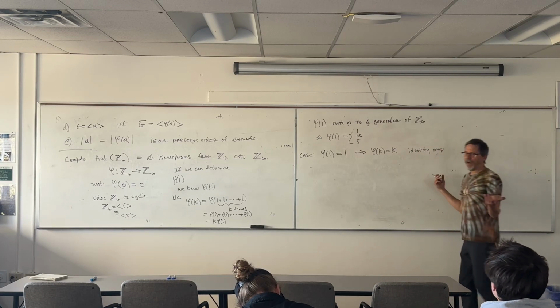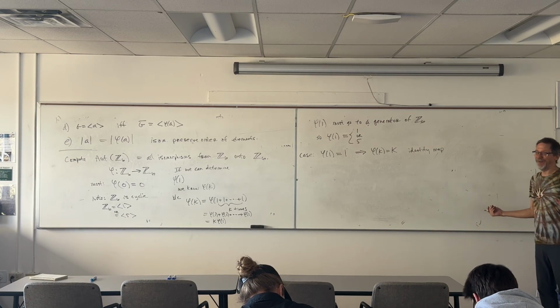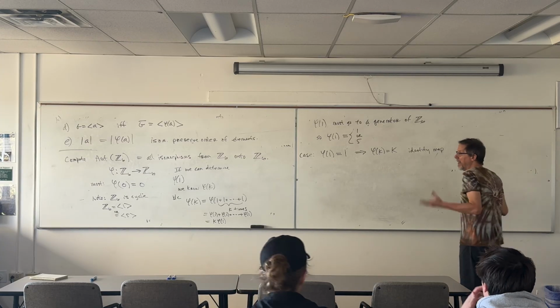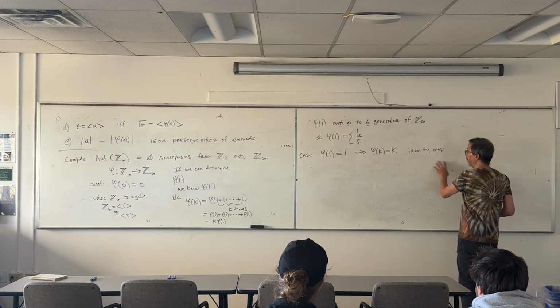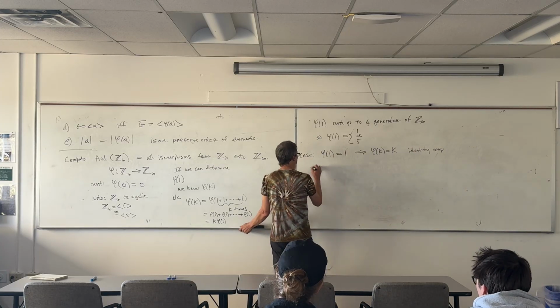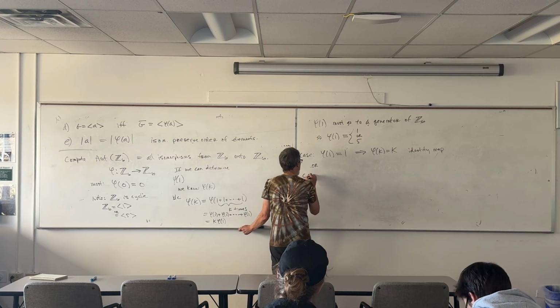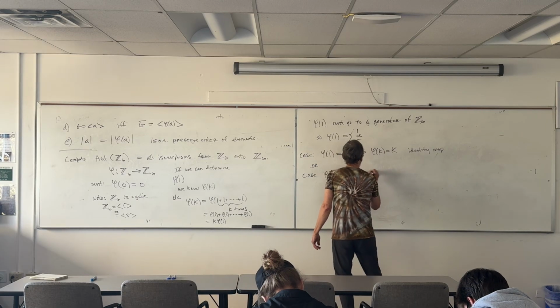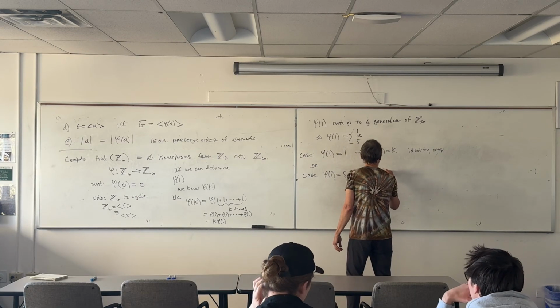We should always expect the identity map to be an automorphism. So if you're not getting that, you missed one, for sure, and maybe you want to revisit how you're doing everything. Okay, so that's easy. Or, case 2, phi of 1 is 5. So what is phi of k going to be then?